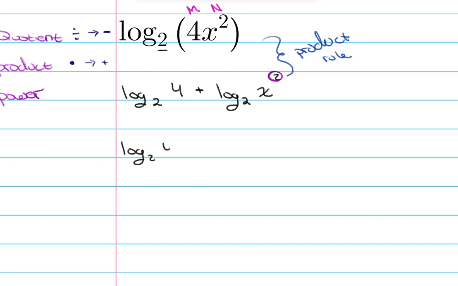Plus this power right here, 2, is going to come out in front, okay? That's what you do when you expand that power rule, right? Exponents become factors. So I'm going to write 2 log base 2 of x, okay? So between this line and this line, we did the power rule, all right?